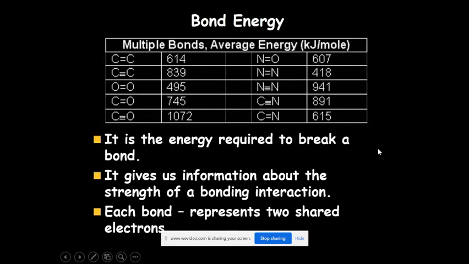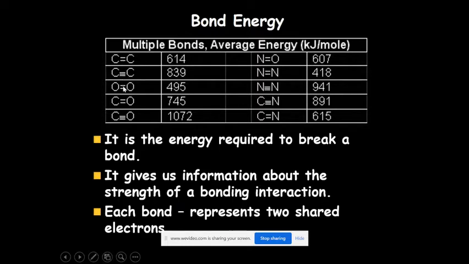All right, so we're talking about these bonds, and we can measure more than just distance, we can measure the energy as well. What we're actually talking about is the energy it takes to break the bond, and this is the way we measure the bond's strength. So if it takes more energy to break, that means it's a stronger bond.